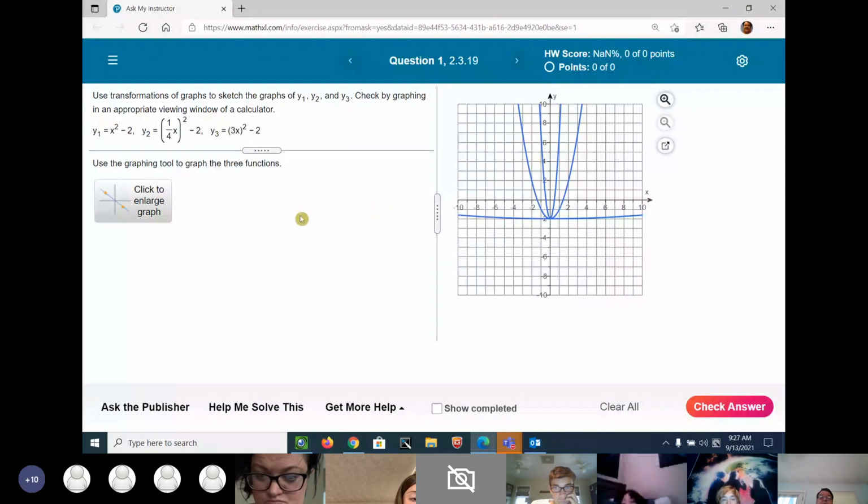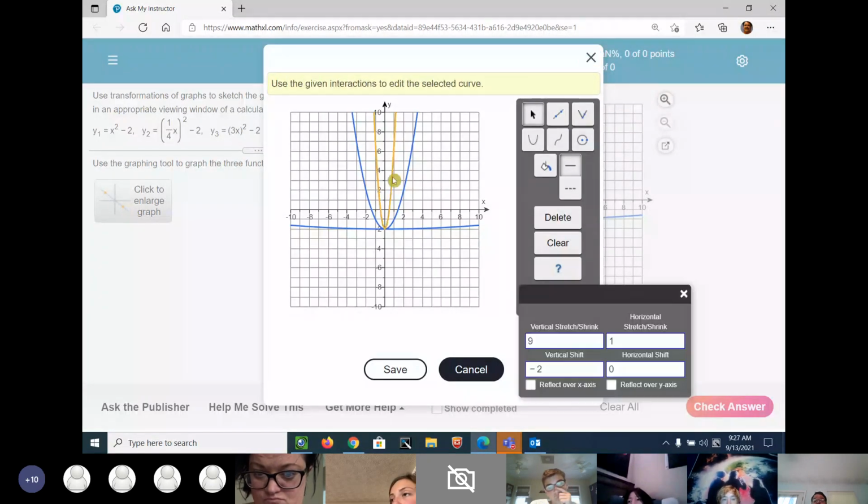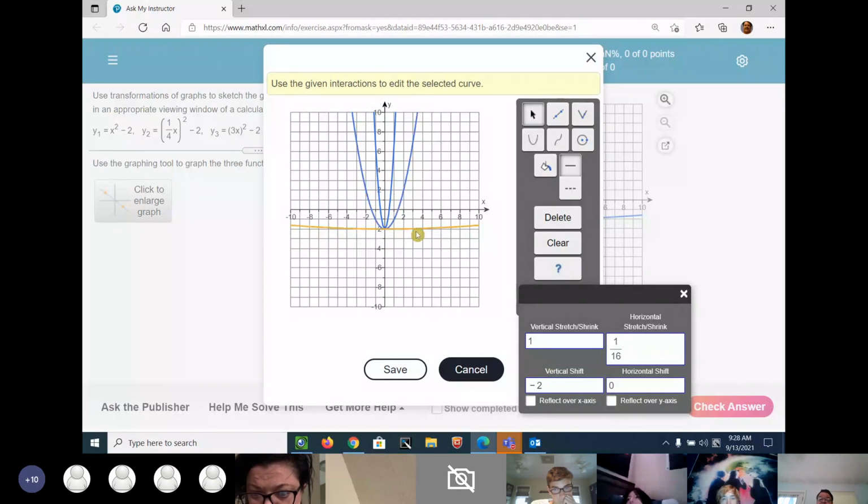So you go back, and you can't change it, or you can, yeah, change this one. Change that. Let's see, the wide one. Change that, instead of a 16th, change it to a 4.